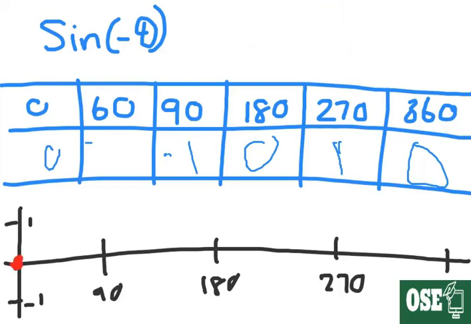Yes, ma'am. And then 90 is now -1 instead of 1. Can you see how we reflected the graph? I'll draw the original just now, and then I'll draw this one so you can see the difference. 180 remains 0. 270 is now +1.